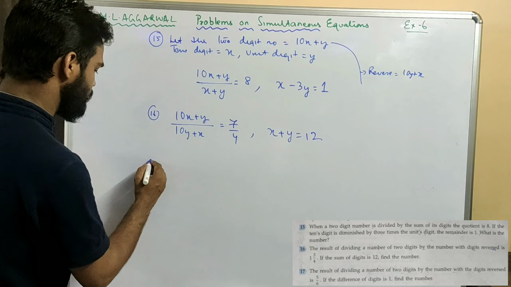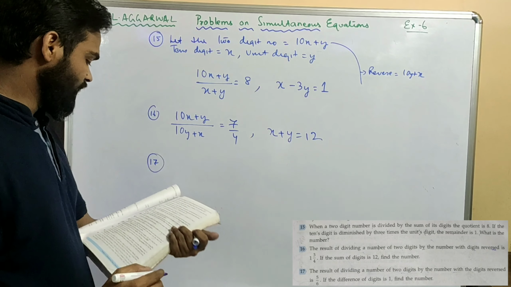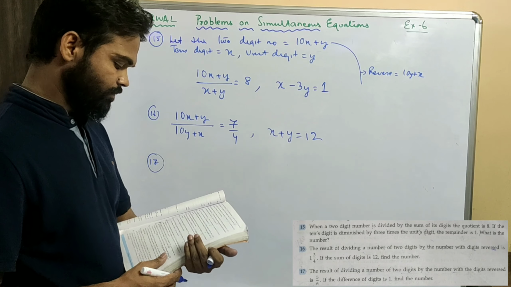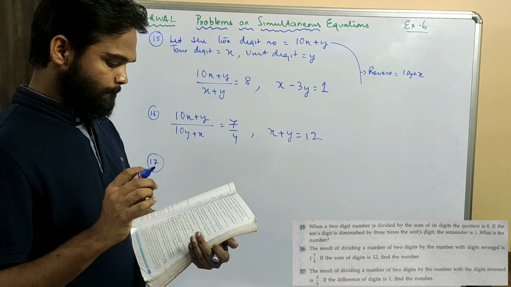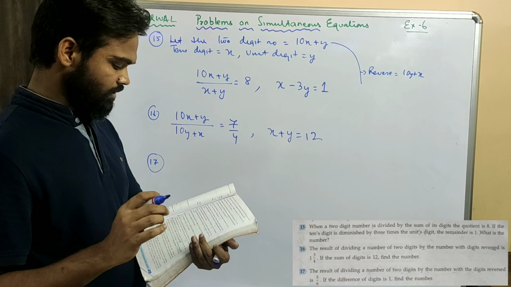You can easily solve. Number 17. Again, the result of dividing a number of 2 digits by the number with the digits reversed is 5 by 6. Now this is important. Look over here. 10y plus x. This is equal to 5 by 6.